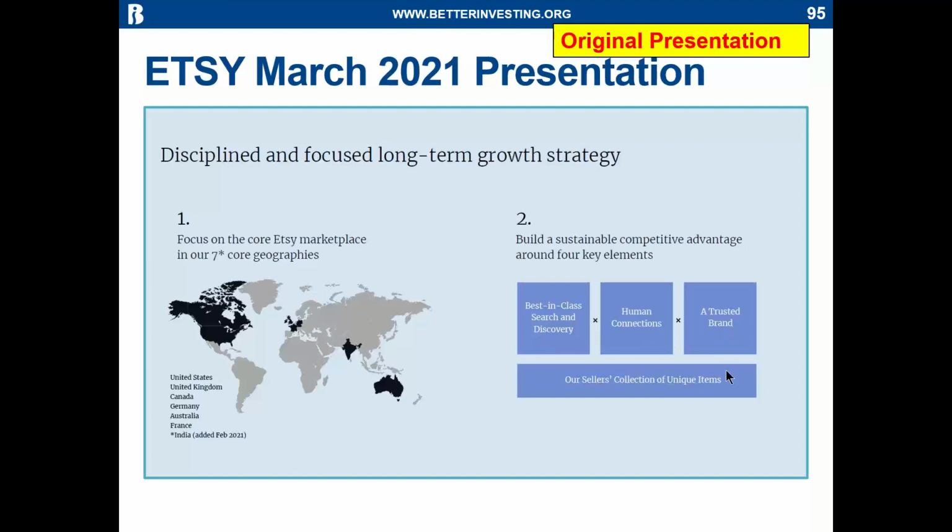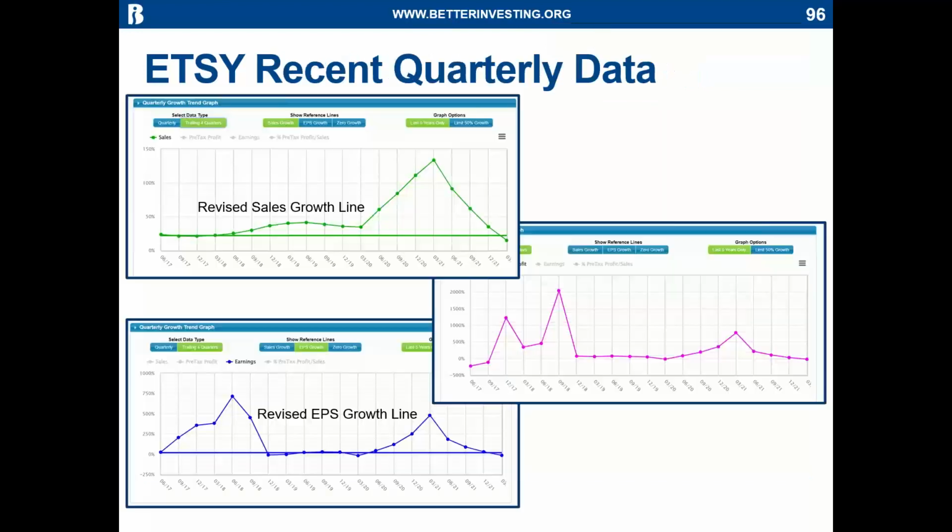It's a trusted brand. They have a collection of unique items that Amazon or anyone else doesn't really have. They're pretty much in the English speaking world. If you look at the countries in which they are, with the exception of Germany, all the rest of them are predominantly English speaking. So that's sort of where they are.